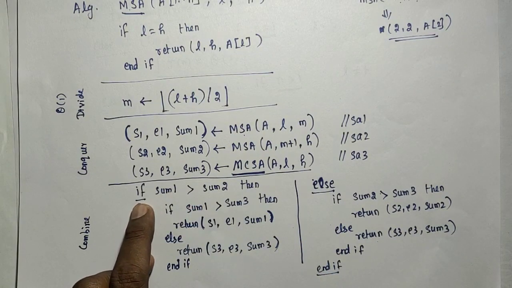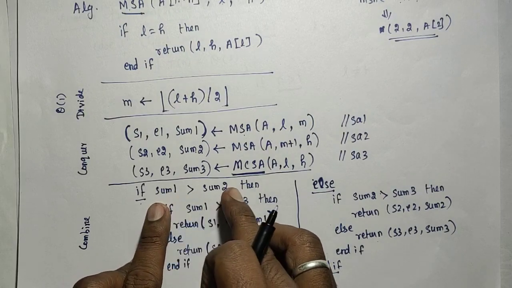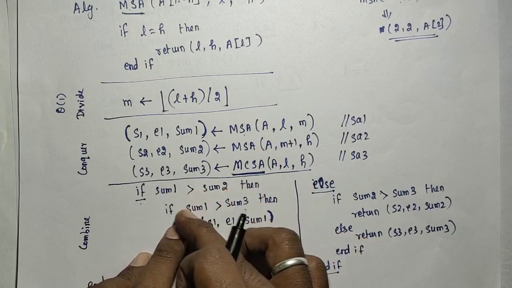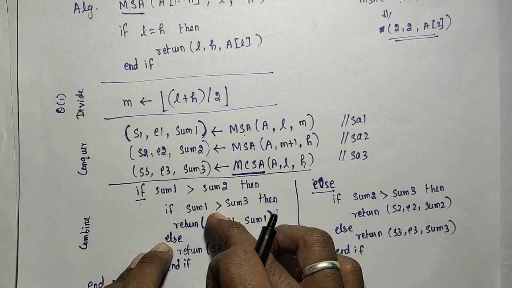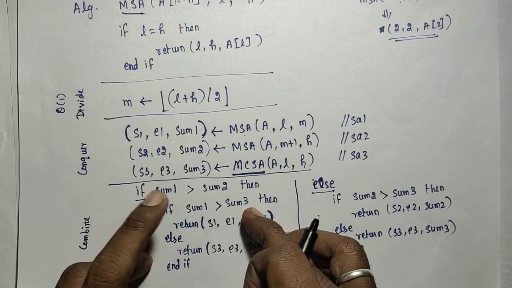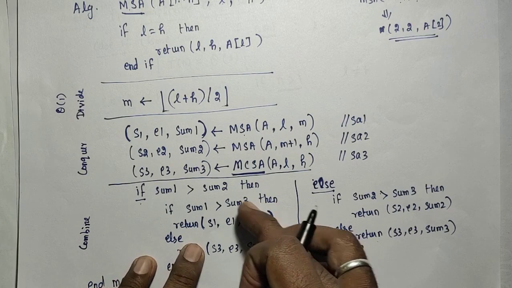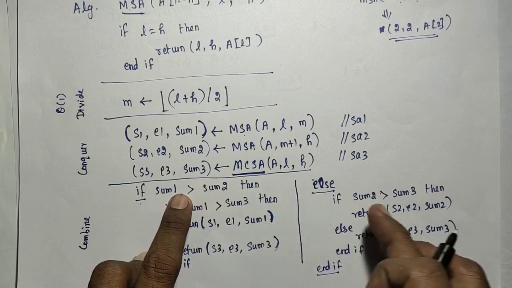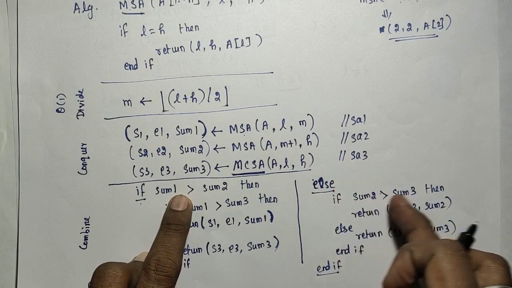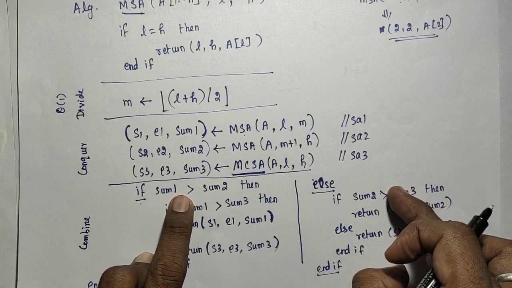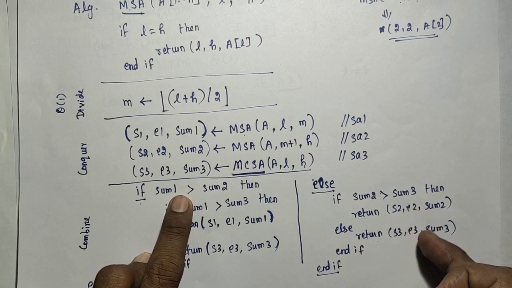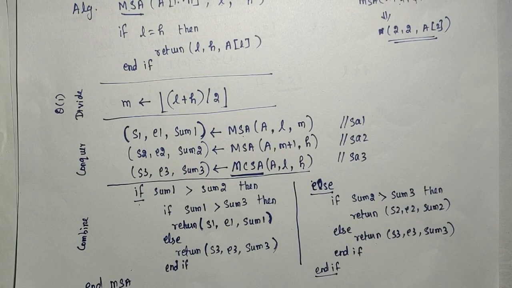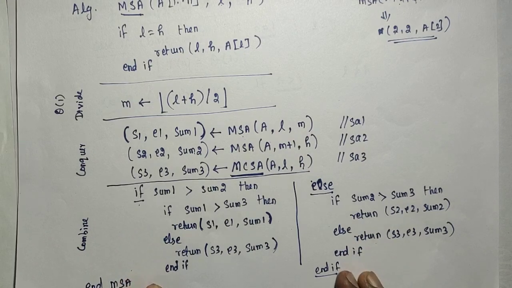Maximum 2. If sum 1 is greater than the others and this is true, it will return the result. If sum 1 equals sum 3, then either this will be returned or this will be returned. Or if this condition is false, it will go there and do this comparison. At the end of this comparison it will return this result, either this or this. In the worst case it will do two comparisons, and at the end of these two comparisons it will return the result.